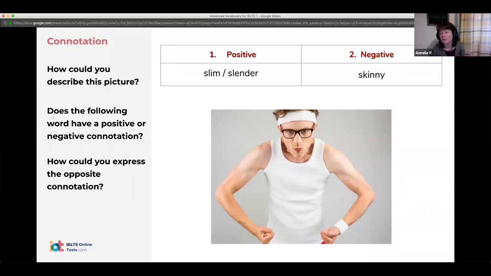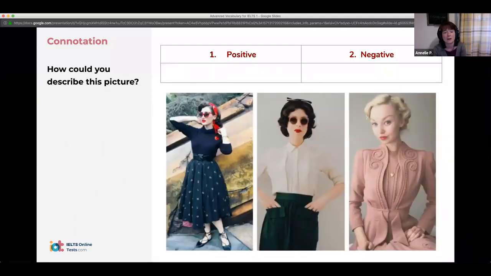Okay. And then we also have neutral words. So for example, thin tends to be a more neutral version. So there's kind of 3 categories that we're talking about here. Okay. But maybe fit as well, I suppose, could be another way of describing that. Okay. So big difference between skinny and slim, even though they have the same meaning. Oh, lean, Manali, that's quite a nice word to use as well.